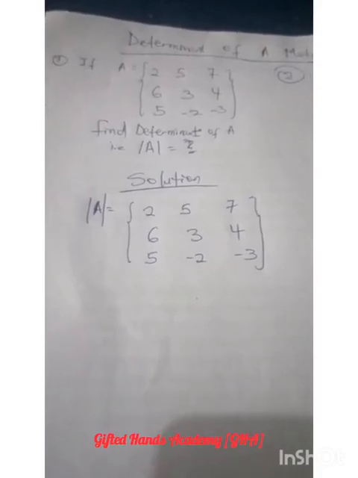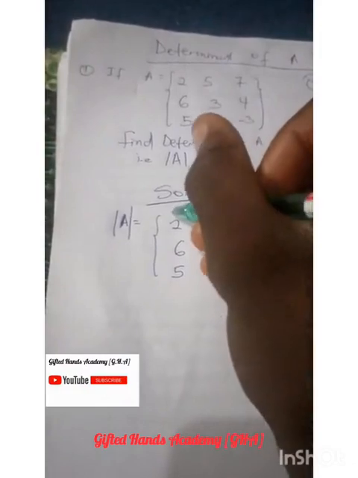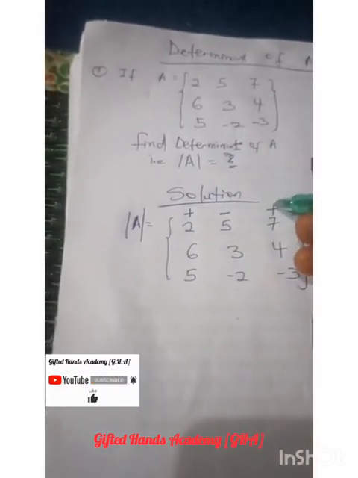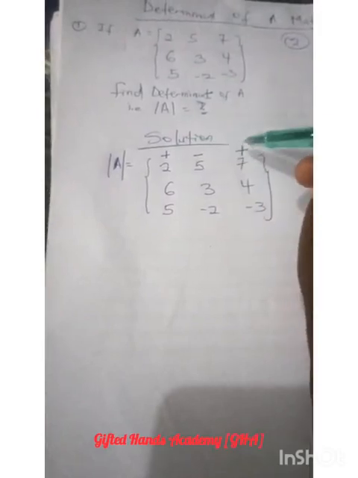Then in solving determinants, you introduce what I call the plus minus plus. That's the first thing, plus minus, then you introduce plus as well. Please follow me more closely. That's how you are going to do the second one. So you introduce plus minus plus at the top of the matrix you are given.